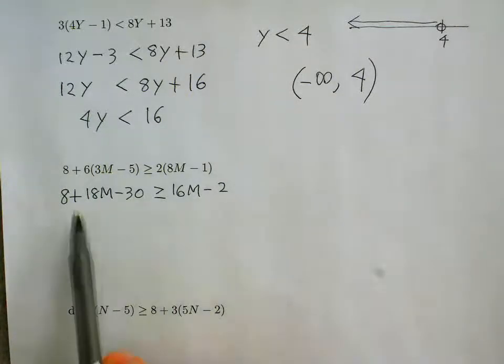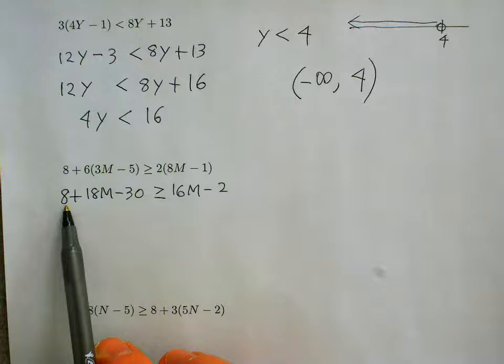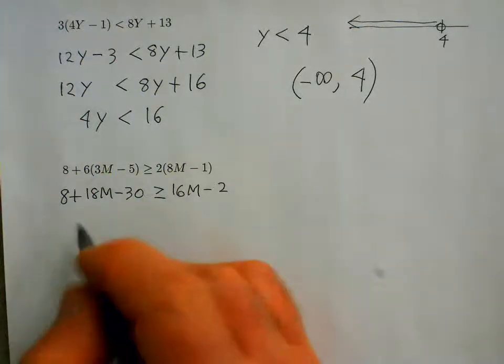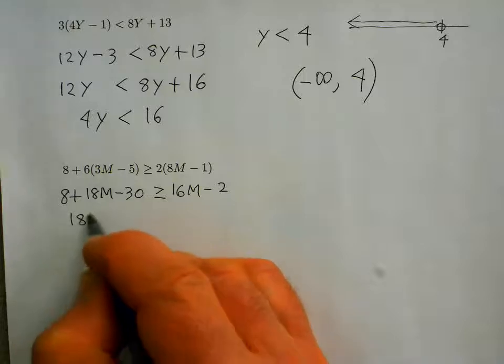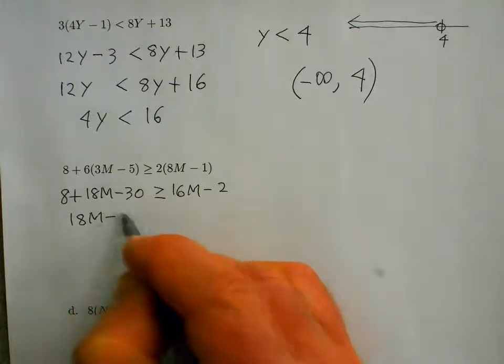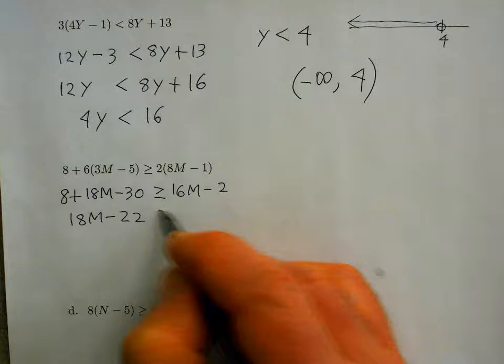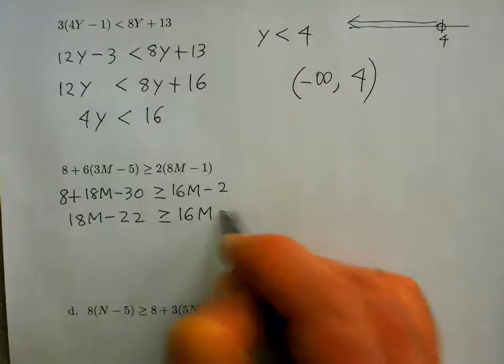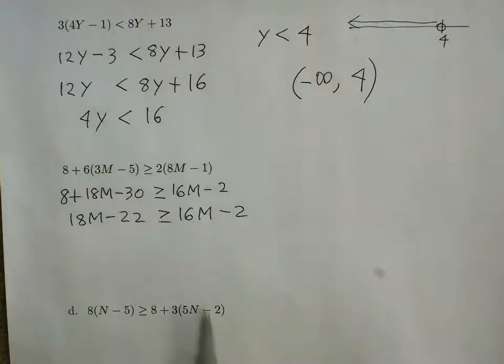We can simplify the left-hand side. 8 minus 30 is negative 22. So we'll write this as 18m minus 22 is greater than or equal to 16m minus 2. And I'm going to add 22 to both sides.